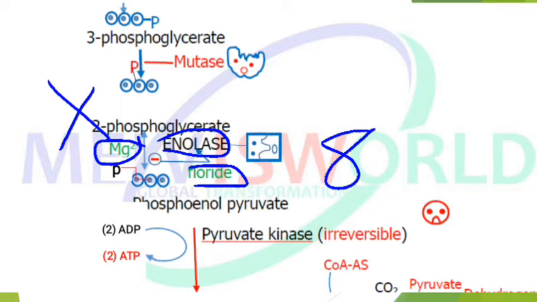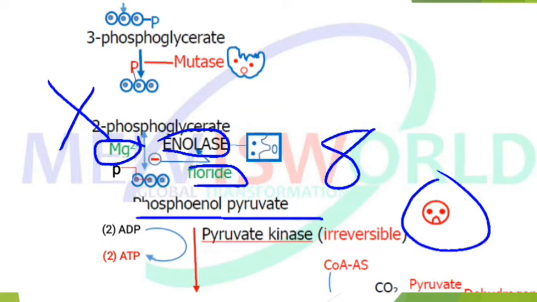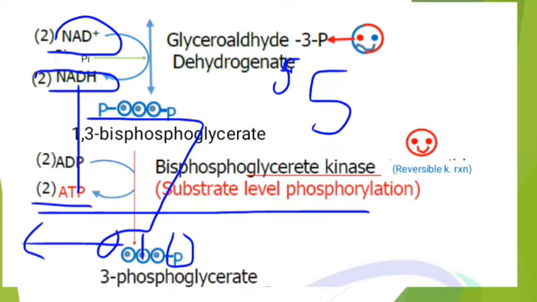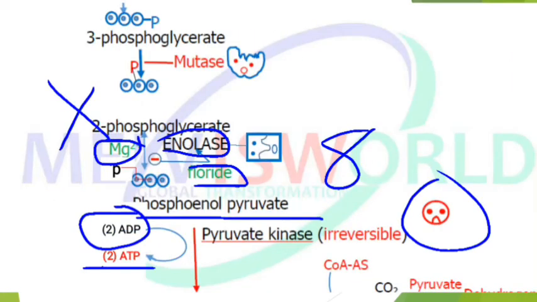So once phosphoenolpyruvate is formed, a kinase enzyme comes in again. Pyruvate kinase, with the aid of ADP, produces ATP. Recall, at step 6, ATP was produced. At step 9, ATP was produced.